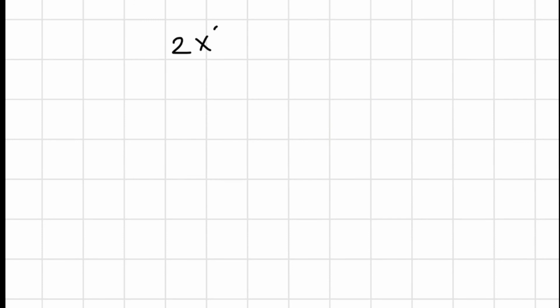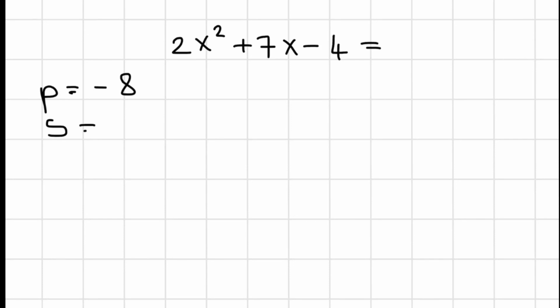Suppose we have 2x squared plus 7x minus 4. Our product is minus 8. Our sum is plus 7. The two numbers that multiplied would give you minus 8 and added would give you plus 7 are plus 8 and minus 1.